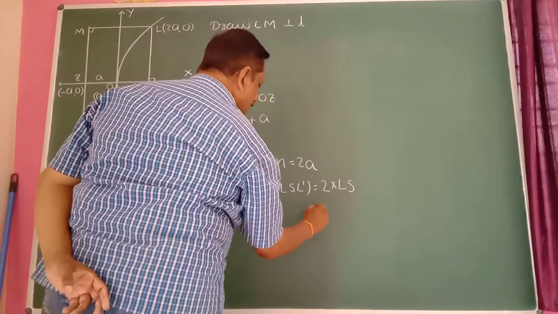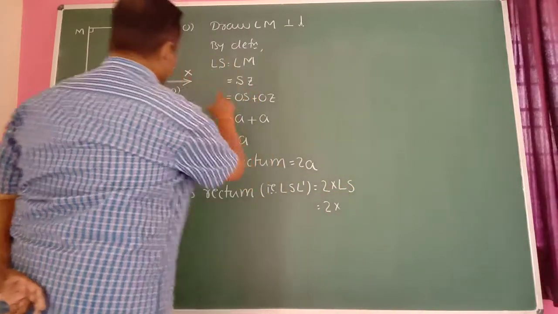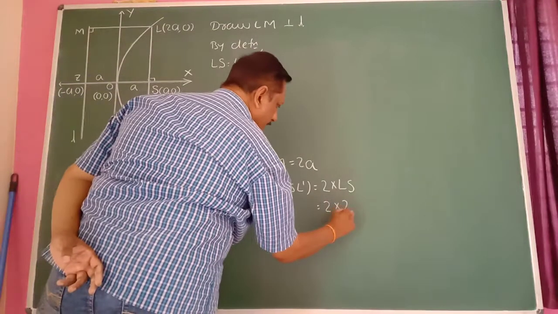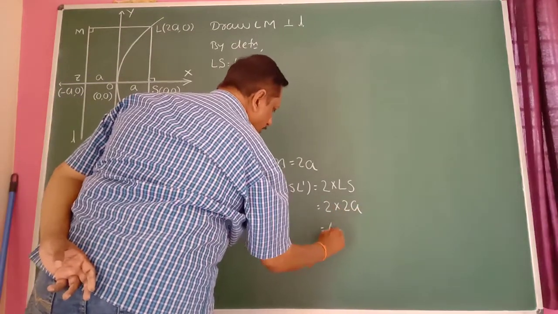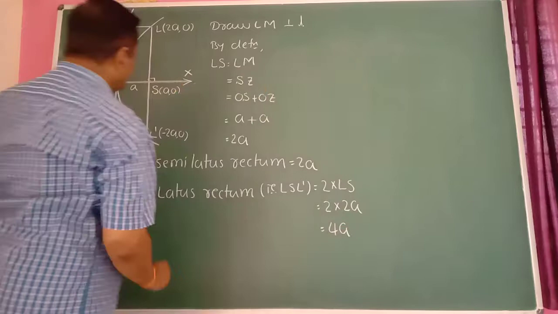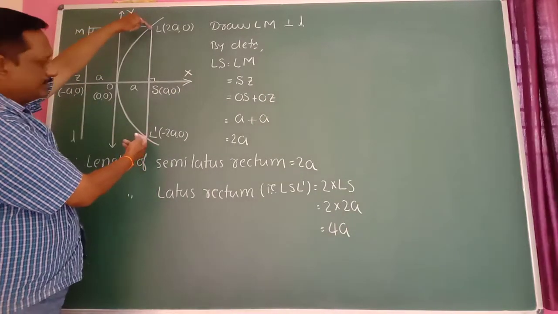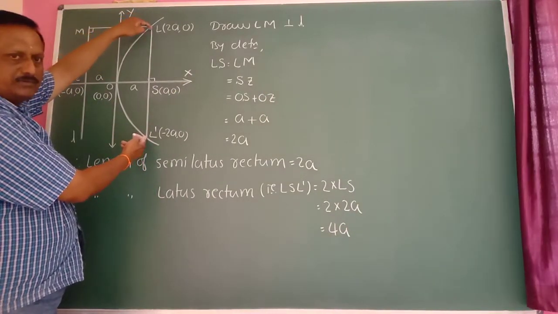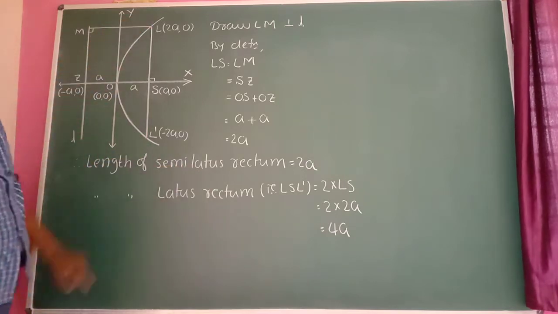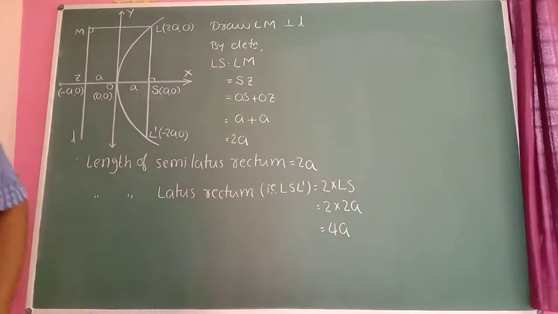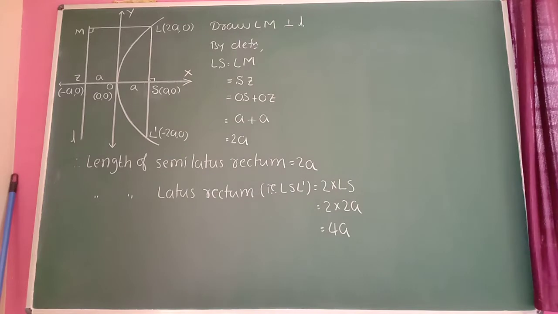Then 2 into LS is equal to 2 into 2a, which becomes 4a. Therefore, the length of the latus rectum is 4a. Remember it, this is a very important result.